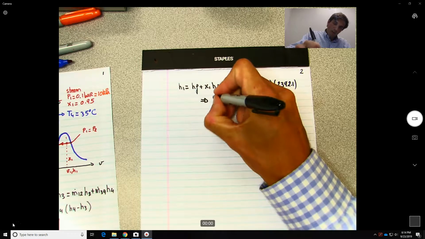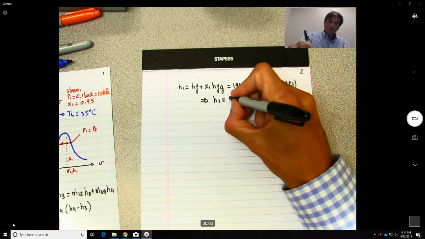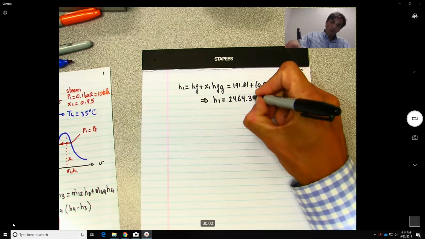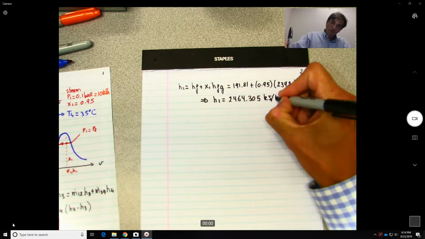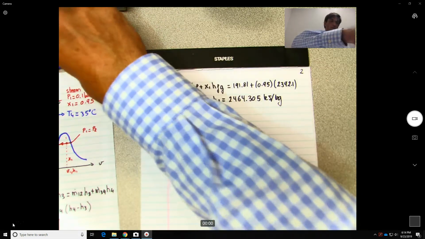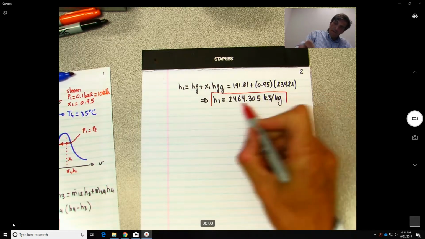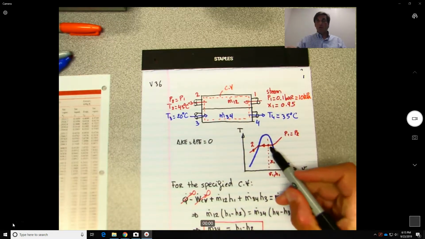If you do the numerical application, you find that H1 is 2464.305 kilojoules per kilogram. Okay, and again, how do we know which table we need to use? Because we use that figure.